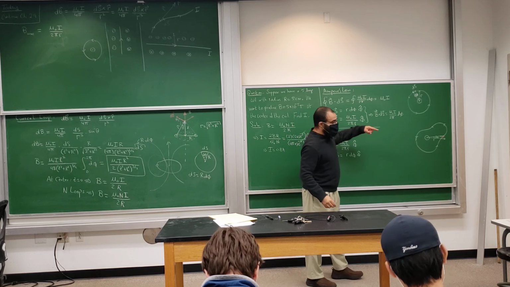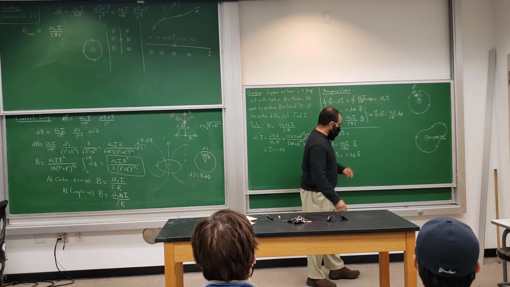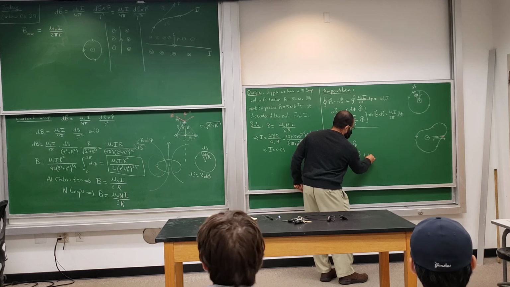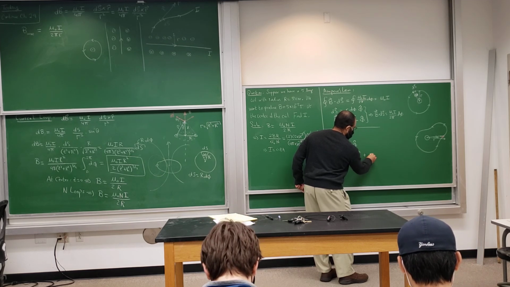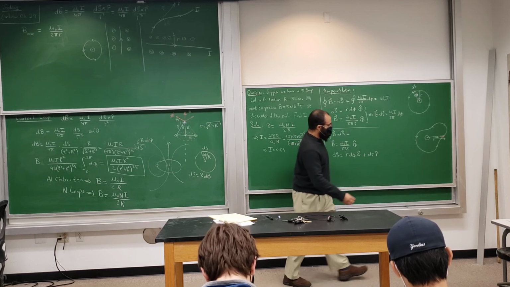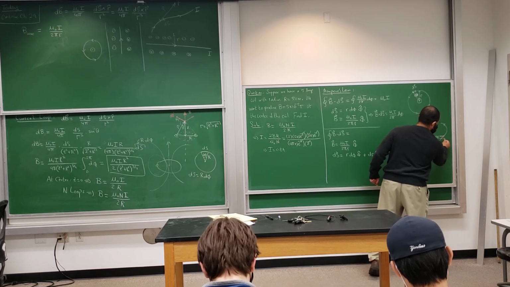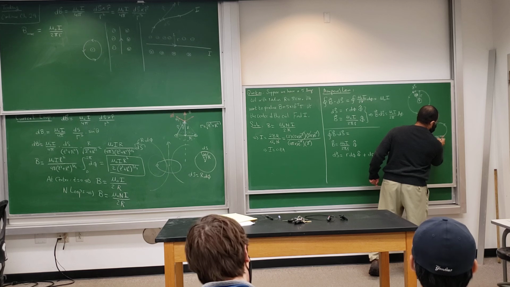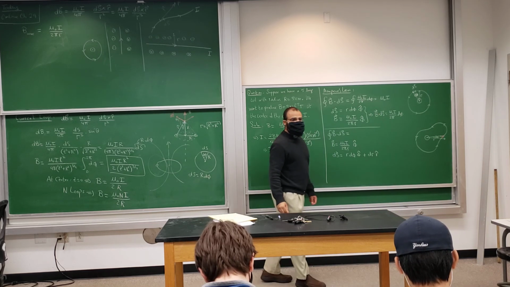But it also has a component that's in the radial direction. So plus dr r hat. This component that's this way is of size dr, and it's in the r hat direction.